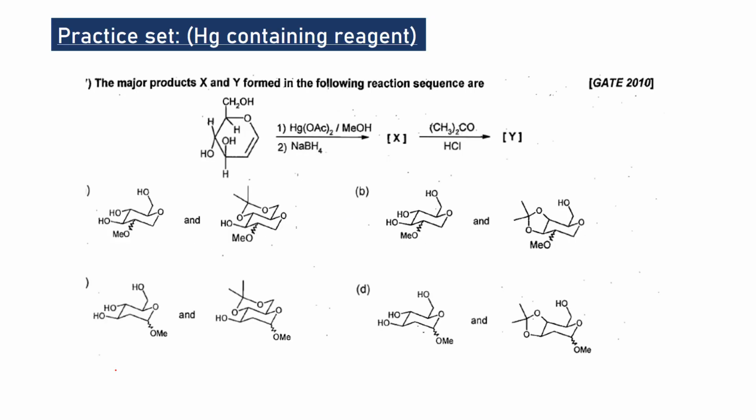This is also based on the same topic. Here you can see in back to back years we have got questions from this oxymercuration, demercuration. So double bond is there. So there will be a Hg.